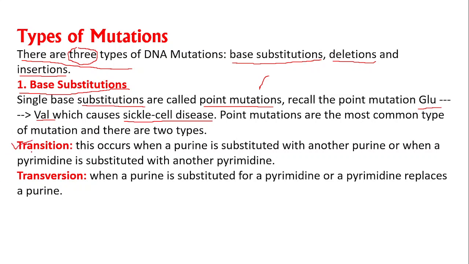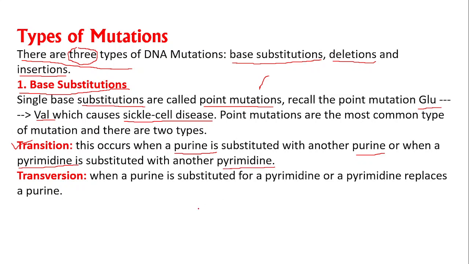What exactly is meant by transition? What exactly happens in the transition type of mutation? It is the type of mutation in which a purine is substituted with another purine, or a pyrimidine is substituted with another pyrimidine.